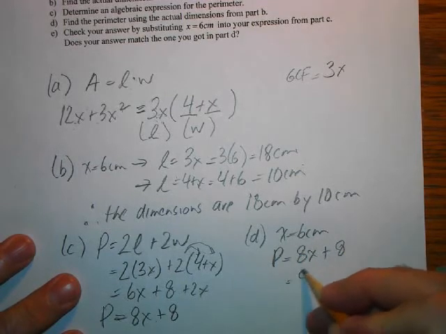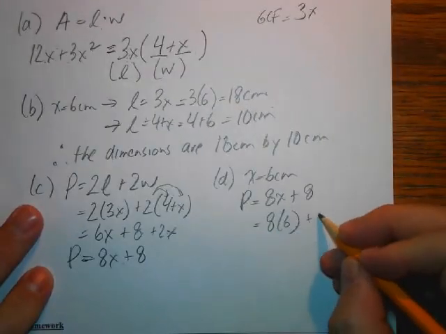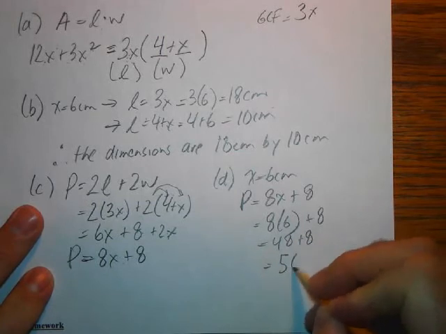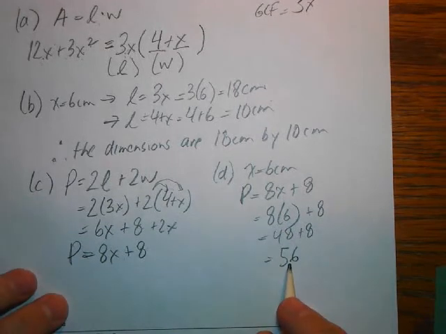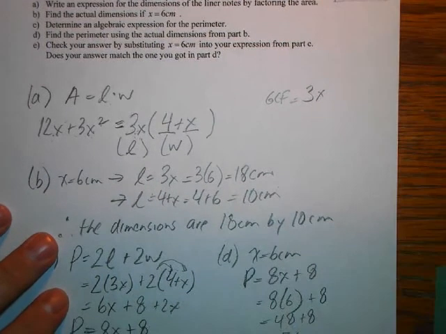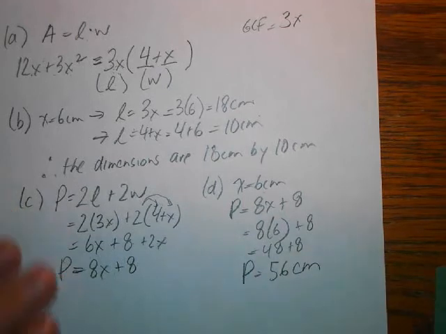Well, x is 6. So 8 times 6 plus 8, 48 plus 8, 56. Okay, so what units should that be? Well, the perimeter is just adding up the outside, and based on the fact that they gave us centimeters, this would also be centimeters. So the perimeter is 56 centimeters.